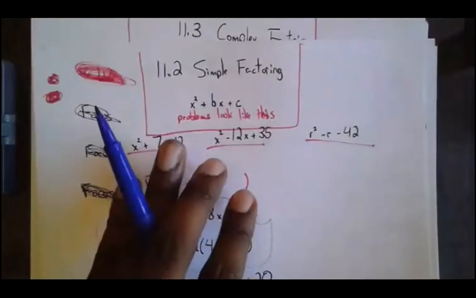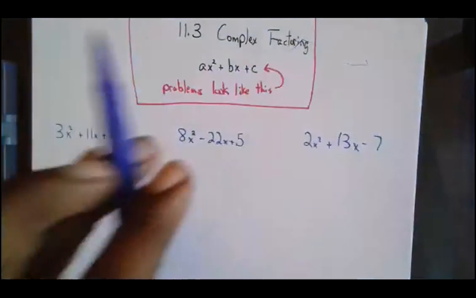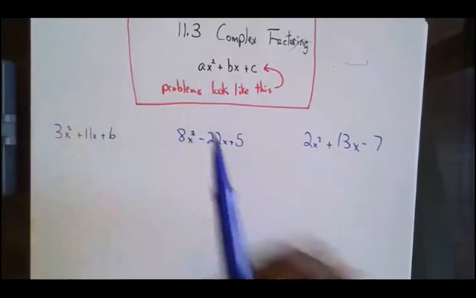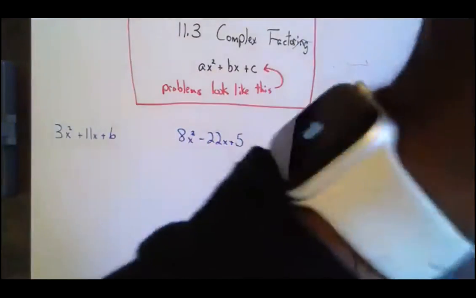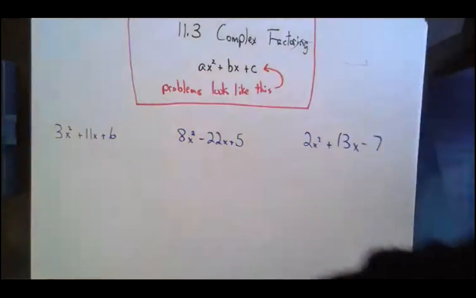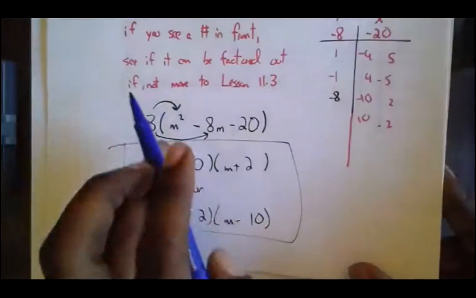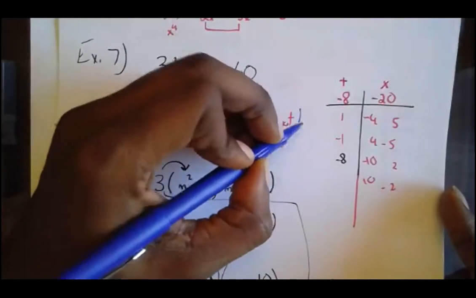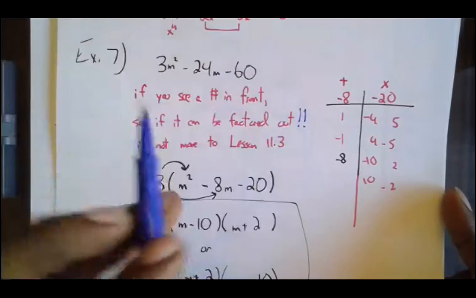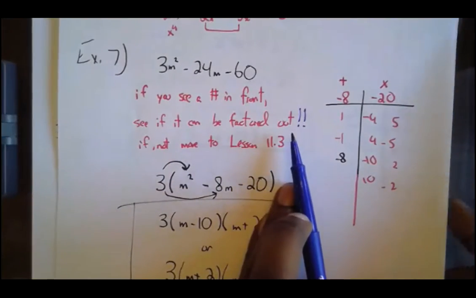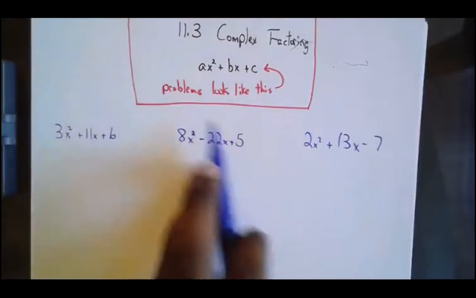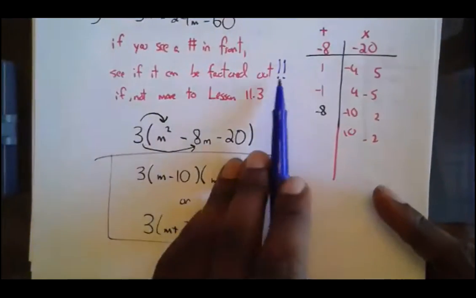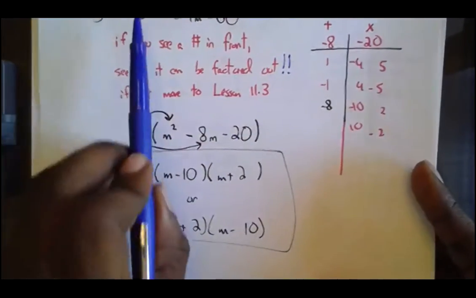You do it exactly like this lesson. If there is a number in front, then example 7 says, see if it can be factored out. This is so important. Because if it can be factored out, you don't need to use this complex method. The only time you need to use a complex method is if you cannot remove that 3.